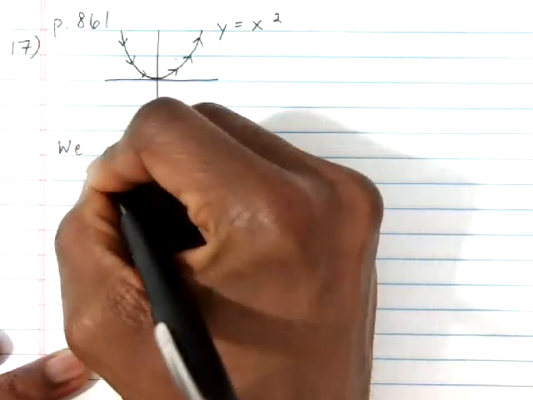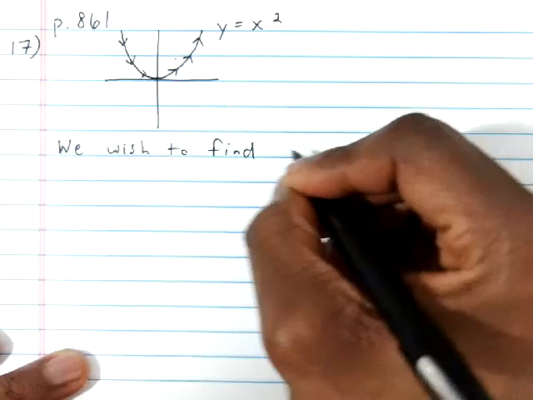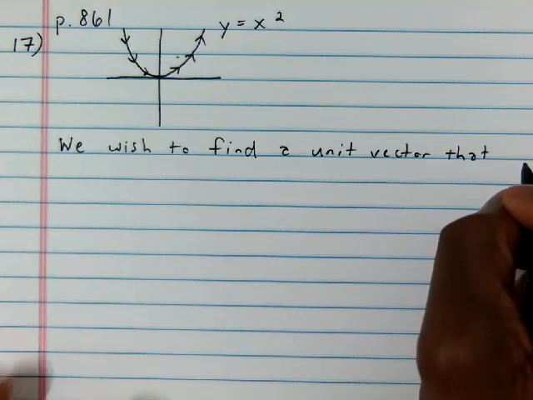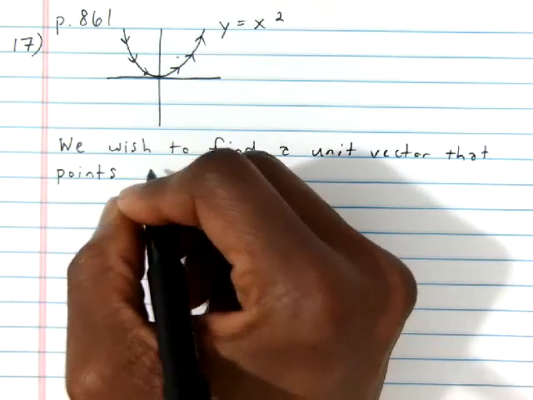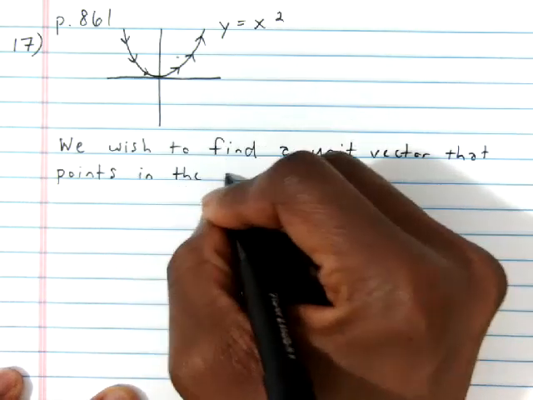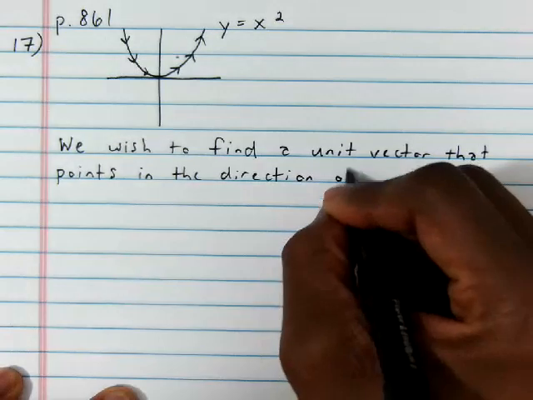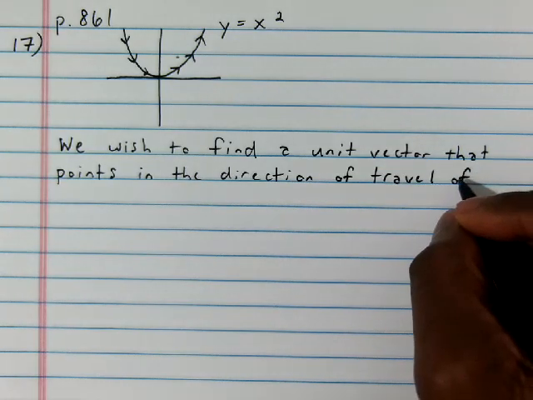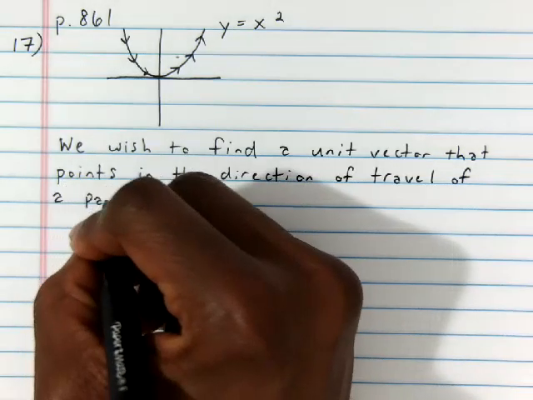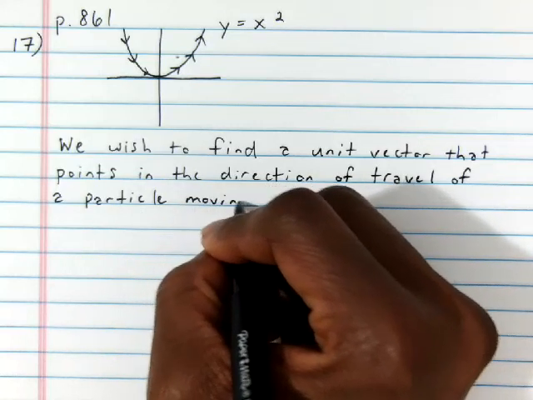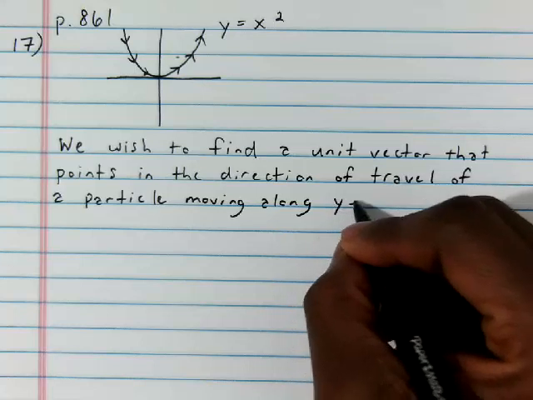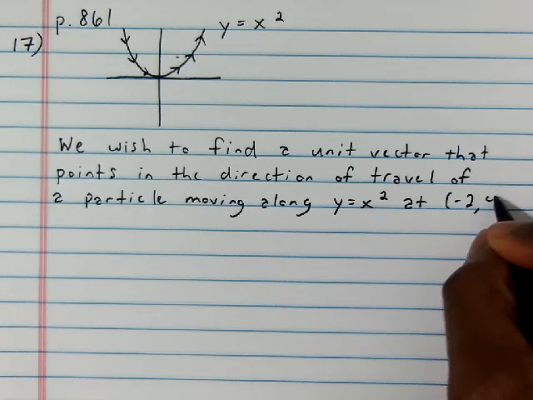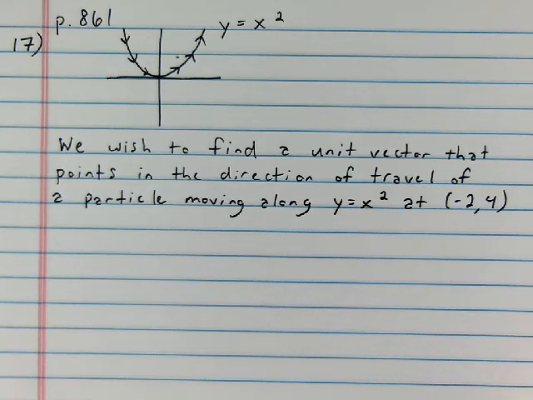So we wish to find a unit vector that points in the direction of travel of a particle moving along y equals x squared at (-2, 4).